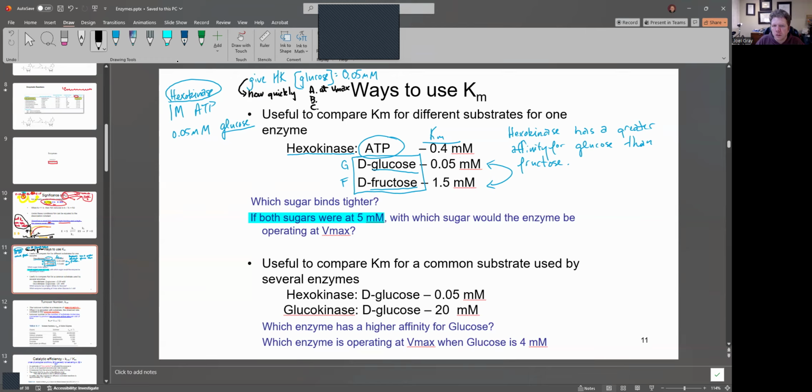B is this will catalyze the reaction above Vmax. And answer option C is it will catalyze the reaction below Vmax. Give me a response in the chat. If you give this enzyme 1 molar ATP and 0.05 millimolar glucose.